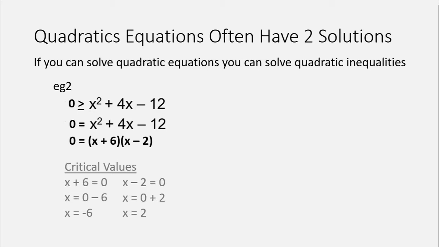So my two critical values, the solution to this quadratic equation, would be where x is equal to -6 or where x is equal to +2. But we don't stop there because this is a quadratic inequality. We need to find the set of values that are either above or below these critical values.